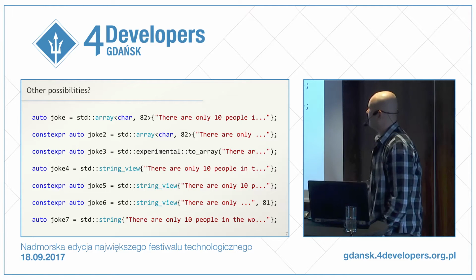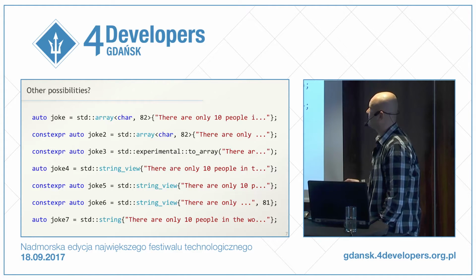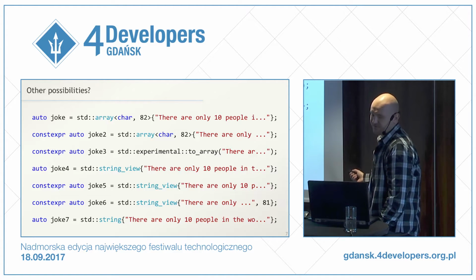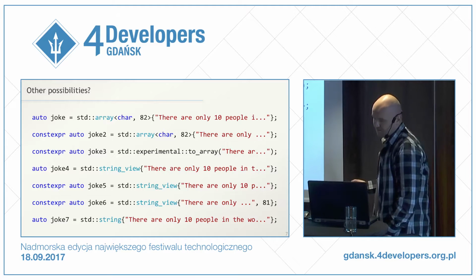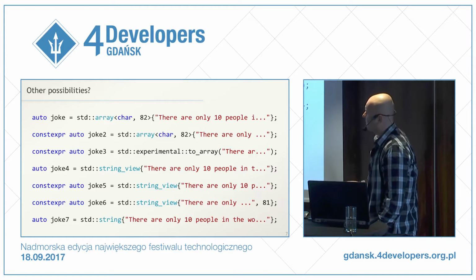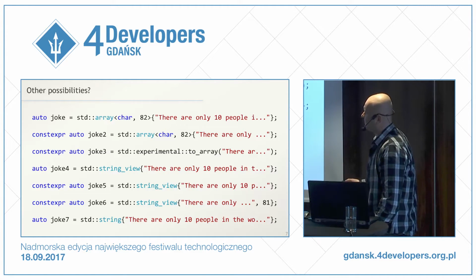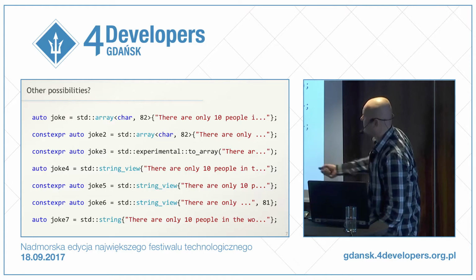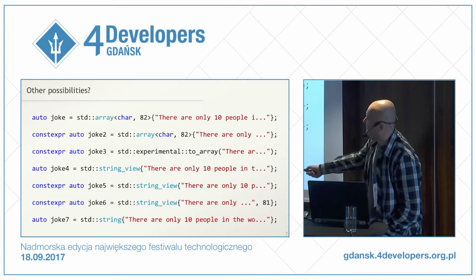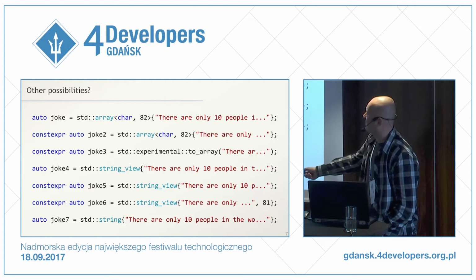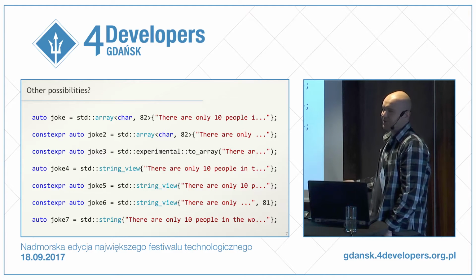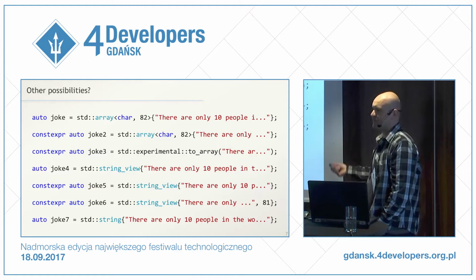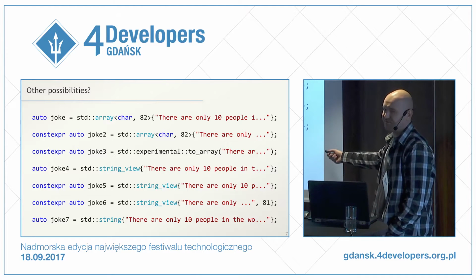We can try the string_view without the second parameter, which is the length. And I was only able to compile it with Clang 4.0.1. Only with Clang constexpr. String_view, given this parameter, first what it does, it calls the char_traits length to measure its length.